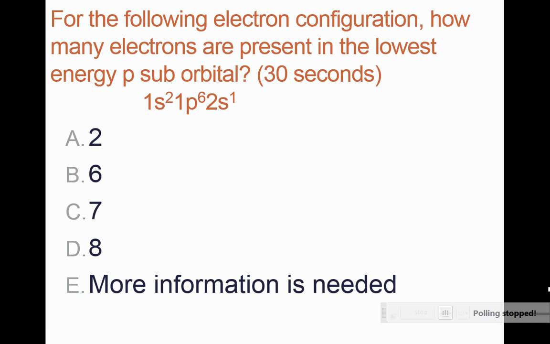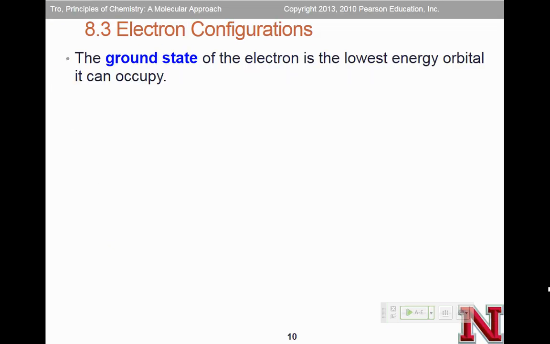So let's look at the electron configuration and how we would map that out. And that's really mapping out all of our electrons and what they're in.